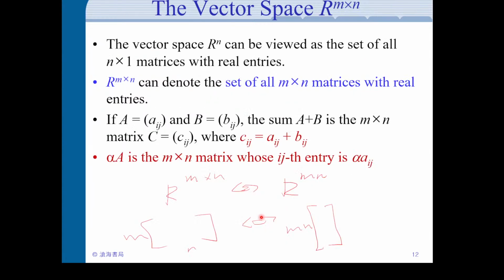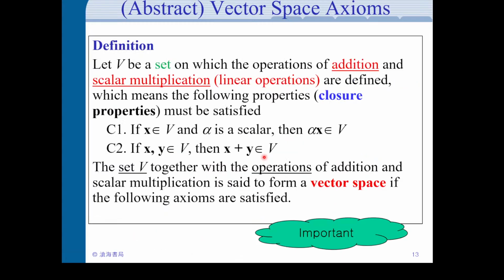So we have R^n that is a vector space, and it has scalar multiplication and addition, and we want to generalize the concept of vector space to any set that has addition and scalar multiplication. Okay? So this is a very abstract definition.